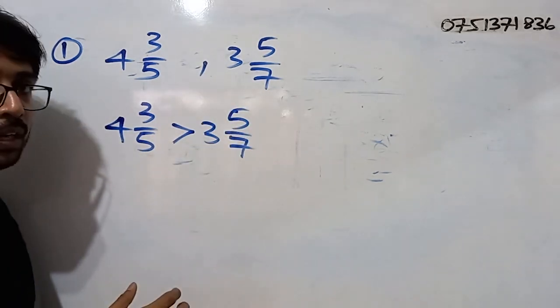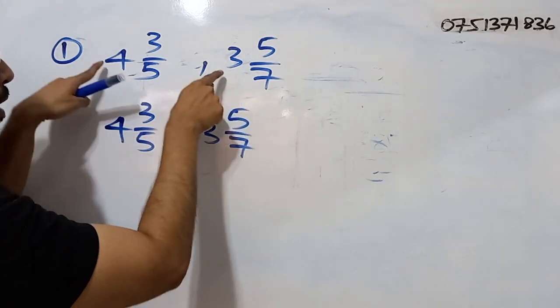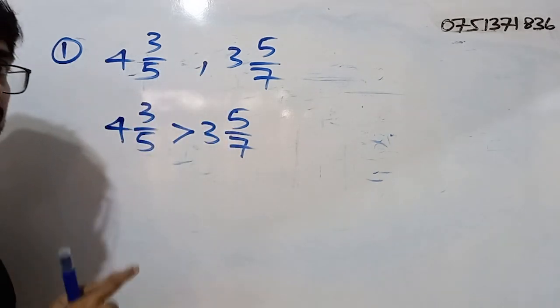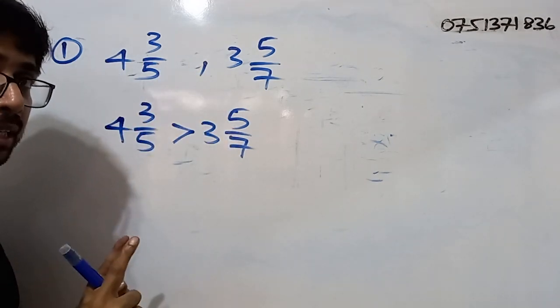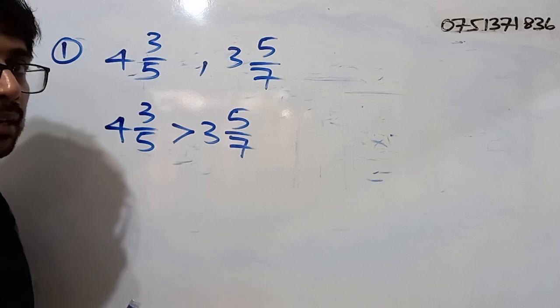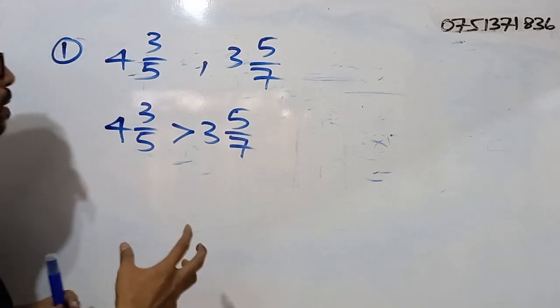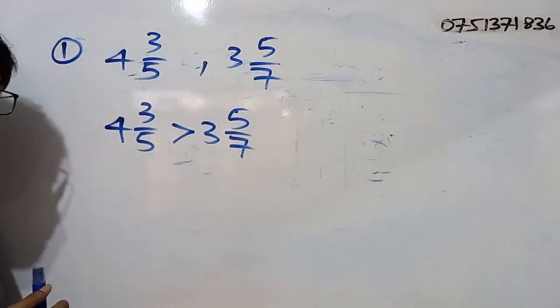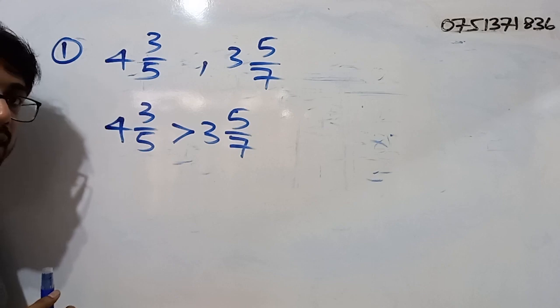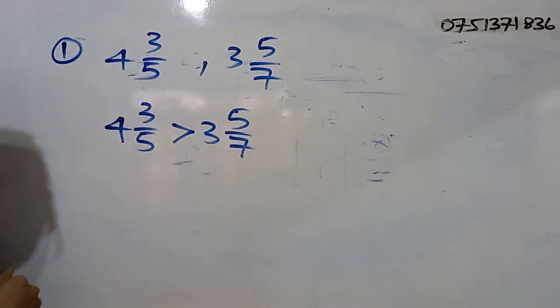So when we have two mixed numbers with different whole number parts, it is very easy for us to select the larger one. Simply pick out the mixed number which has the larger whole number part. Pause the video and complete.